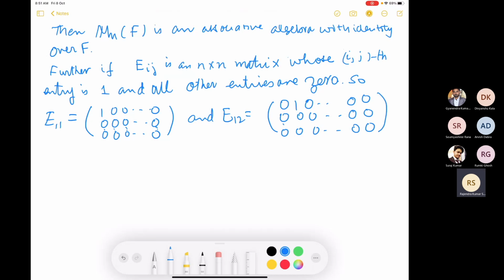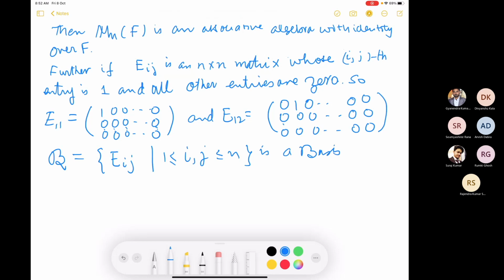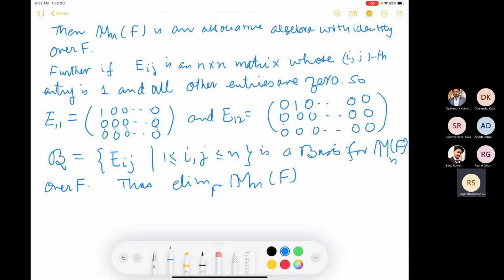So if you take this, then this set of all such matrices is a basis for this algebra Mn(F) over F. And thus the dimension of the vector space Mn(F) over F is n squared, because these are n squared matrices in number.